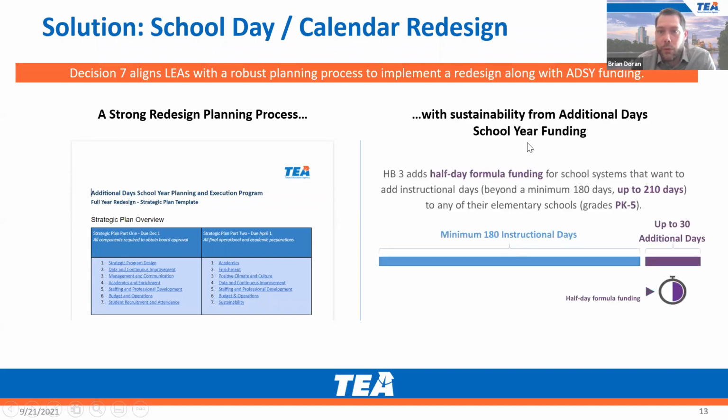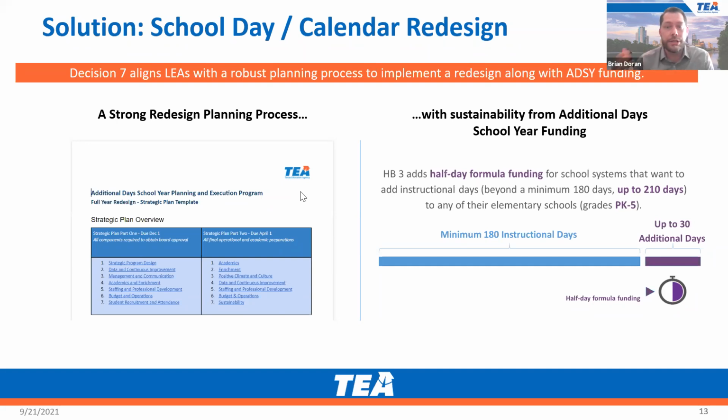And then you're pairing that with long-term sustainability from Additional Days School Year funding. So for those of you who are unfamiliar, Additional Days School Year, Adzy, provides half-day formula funding for school systems, in particular elementary schools, to provide additional extra instructional days, and that's beyond a minimum of 180 days and up to 210 total. And so this is for any elementary campus, grades pre-K through 5.